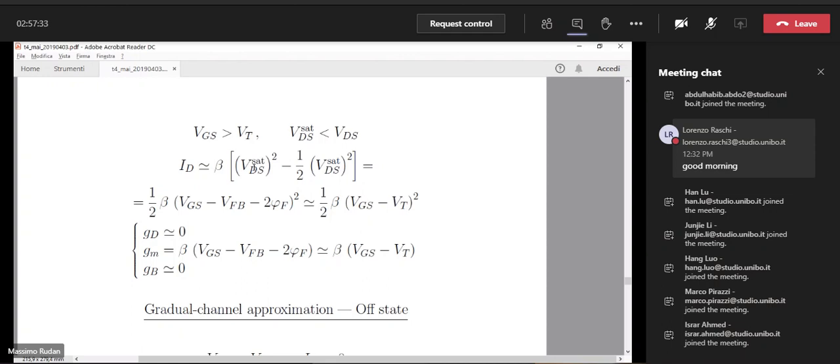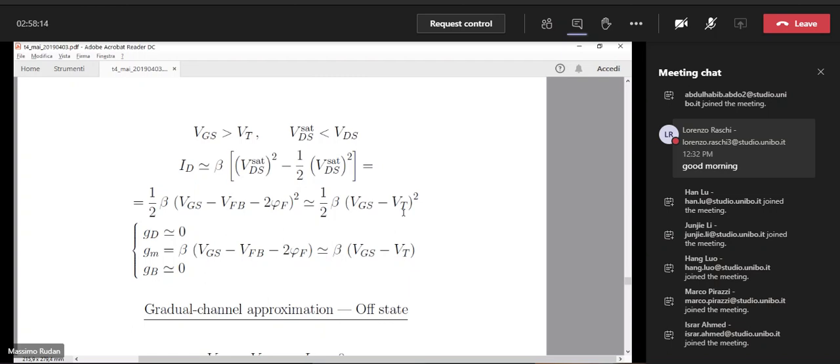Then we replace it back with its expression. VDS sat is VGS minus VFB minus 2 phi f. And finally, we remember that in the simplified linear parabolic model, VFB plus 2 phi f is VT, the threshold voltage. So we find a very well-known expression of the current in saturation.